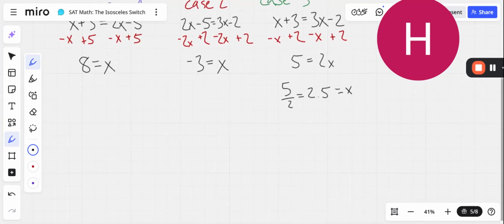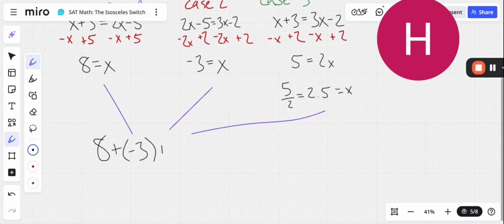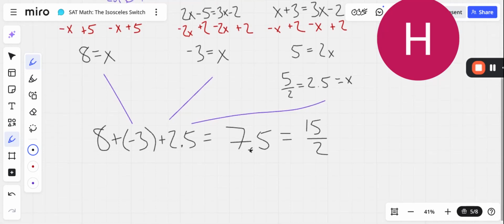Last step here is just to add all of these possibilities together. So of course we're going to get 8 plus negative 3 plus 2.5, and that's going to leave us with 7.5, or maybe if it were a multiple choice question, 15 over 2 might possibly be one of the answer choices as well.